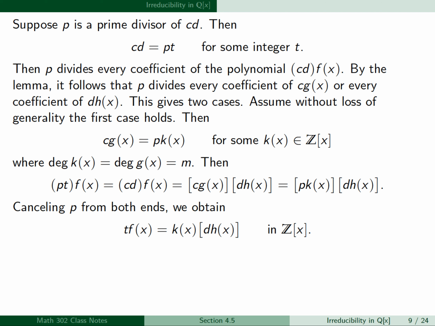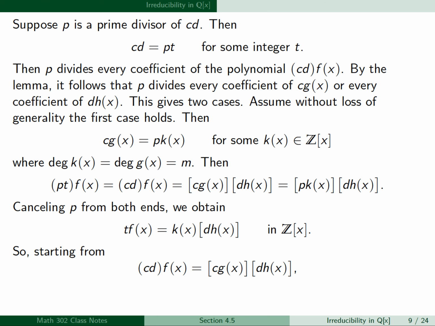Canceling p from both ends, we'll obtain t times f(x) on the left end is equal to k(x) times dh(x) on the right end. And this is again a factorization of polynomials in Z[x]. So all of the polynomials here, tf(x), k(x), and dh(x) have integer coefficients, so belong to Z[x].